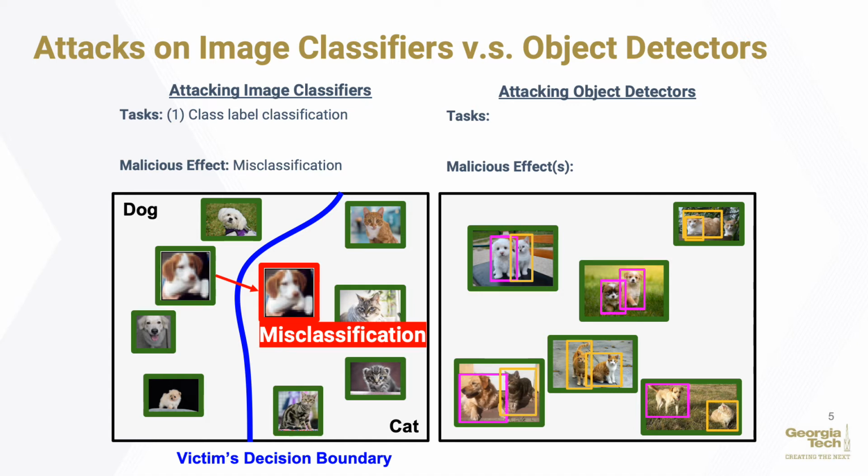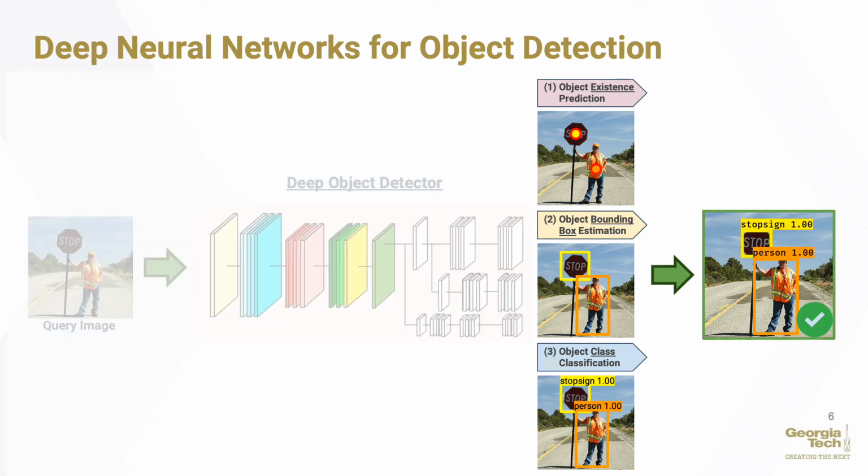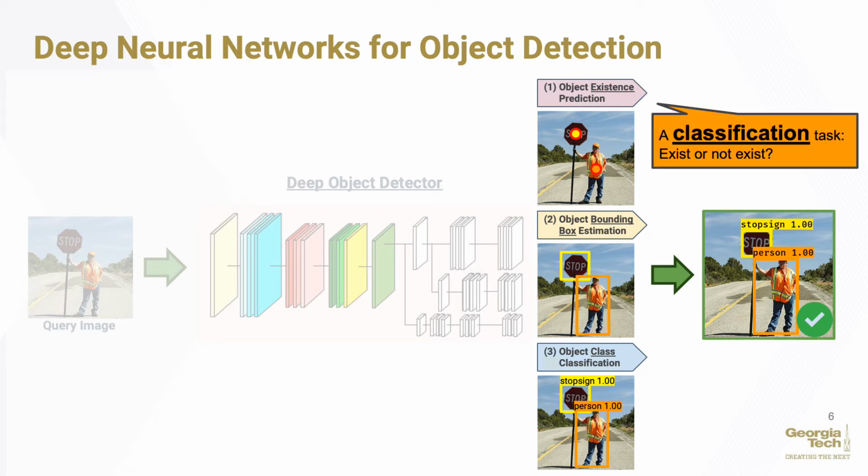The situation in object detection is more complicated. To explain this, let me go back to the previous example, detecting objects on an image with a person holding a stop sign. To conduct object detection, three tasks need to be done by the neural network. The first one is the prediction of the object existence, which is actually a binary class classification task, either exists or not exists.